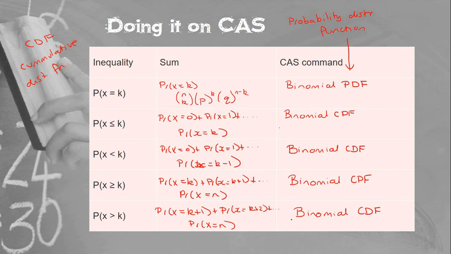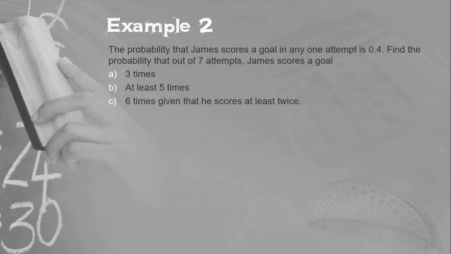Alright, examples. The probability that James scores a goal in any one attempt is 0.4. So this is our probability. Find the probability that out of 7 attempts, James scores a goal a certain number of times.